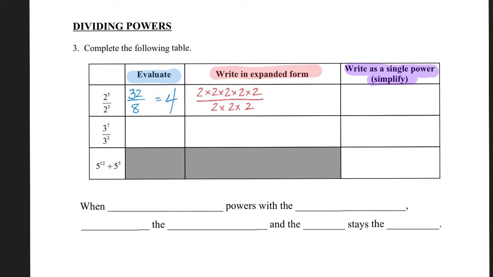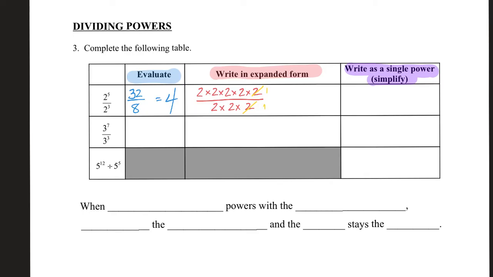Now, in the last column, we're going to do this one together on the top row. We need to write that as a single power, and therefore we need to simplify. So, this one might not be as automatic for us, but I'm hoping through all of our time that we spent reducing fractions and talking about how we reduce fractions by dividing out common factors, we should be able to see that I could divide a 2 out of the top and the bottom.